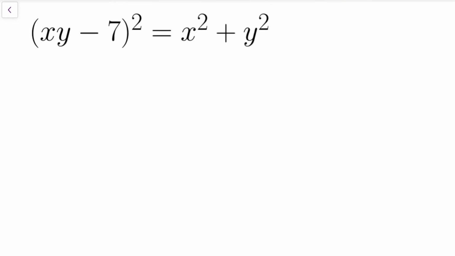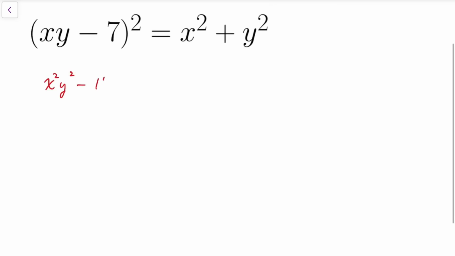My first approach to solve this problem will be to use some algebra and try to establish some difference of squares. To do this, I'm going to expand the left-hand side. So x²y² - 14xy + 49 = x² + y².